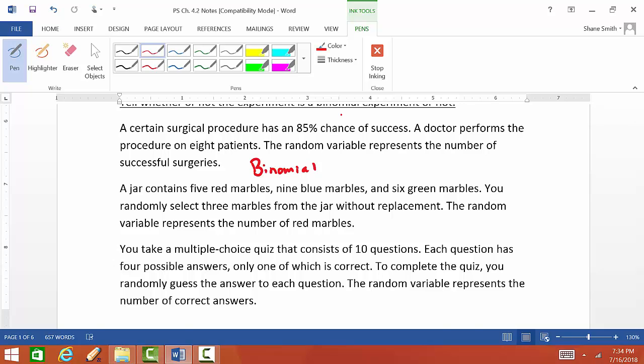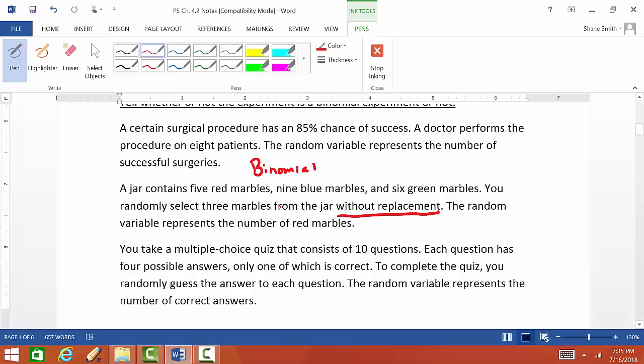Next one, a jar contains 5 red marbles, 9 blue, and 6 green. You randomly select 3 marbles from the jar without replacement. The random variable represents the number of red marbles. Well, the number of red marbles is what we're counting, so that's a success. However, this is not binomial because we're selecting marbles from the jar without replacement, and therefore the probability is changing. By the way, you still have 2 outcomes in this experiment. It's either red or not red.